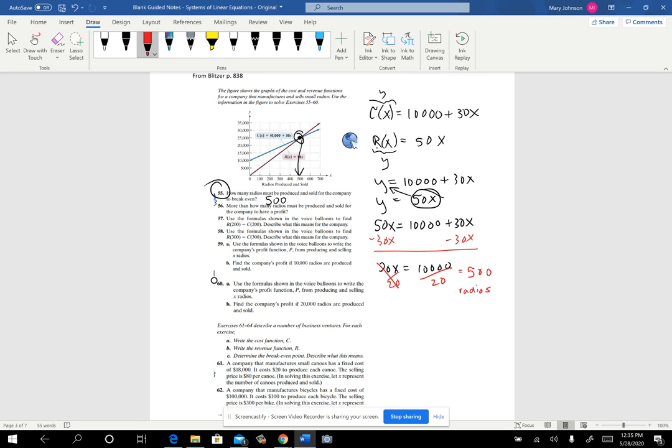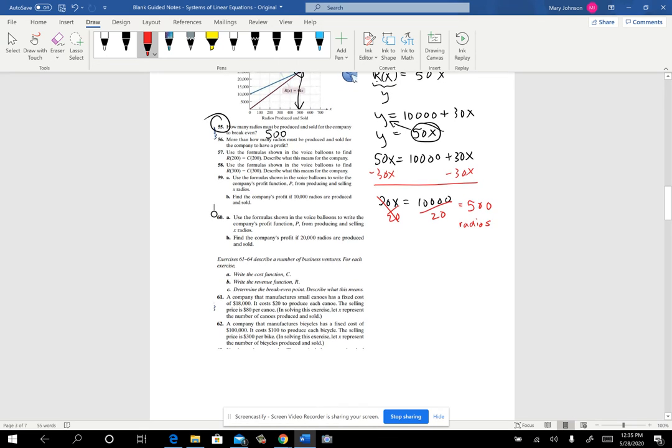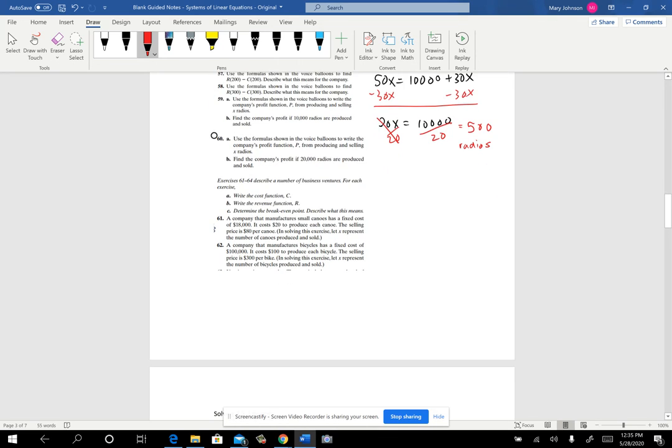Okay, now, there's a question I thought would be worth looking at down here. I just wanted to look at another one. Let's look at one, maybe like 61. A company that manufactures small canoes has a fixed cost of $18,000. That usually covers things like the warehouse in which they make the canoes, maybe the insurance, the light bill.